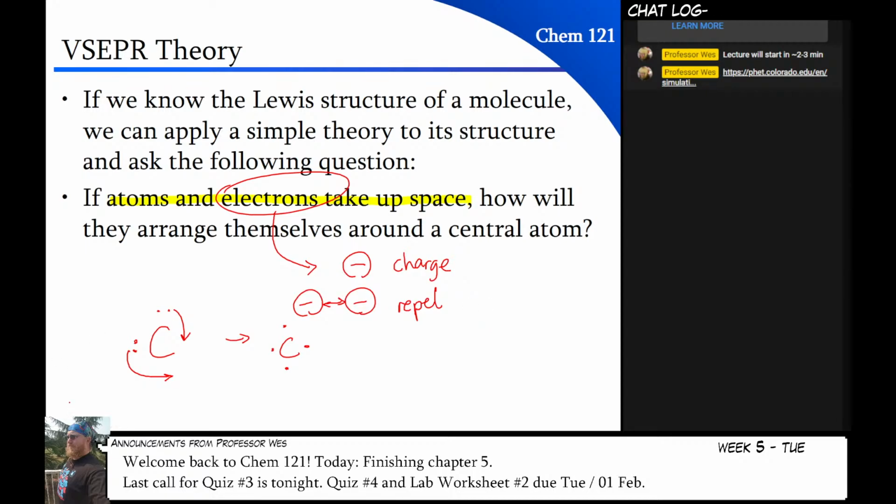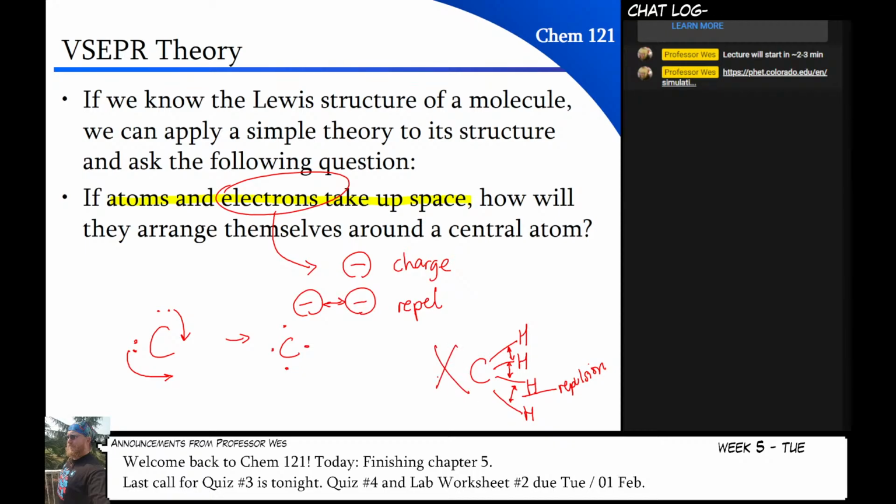Now, when you make bonds, the same thing happens. If I made CH4, this is not what would happen. My molecule would not look like this, because these electrons would all repel each other. And so this is not a shape that we would see.